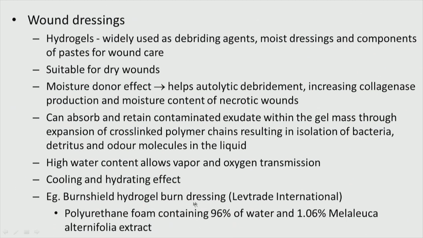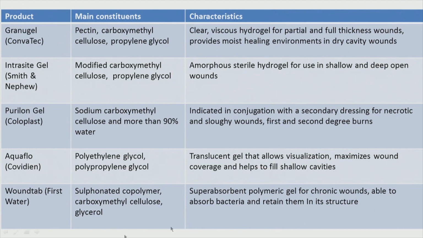So, burn shield hydrogel, a burn dressing: polyurethane foam containing 96% water and 1.06% Melaleuca alternifolia extract. These are used for burn wounds. A lot of companies make these types of products: Granugel, Intrasite gel, Purilon gel, Aquaflow, using pectin, CMC, propylene glycol, sodium CMC, polyethylene glycol, polypropylene glycol.